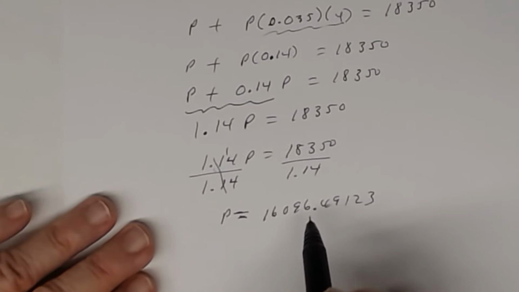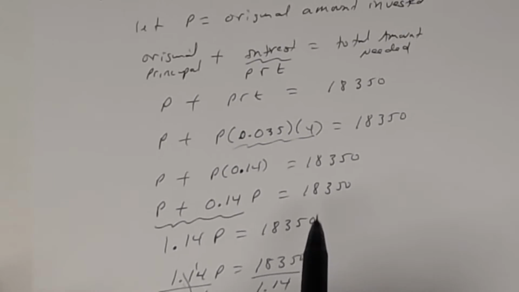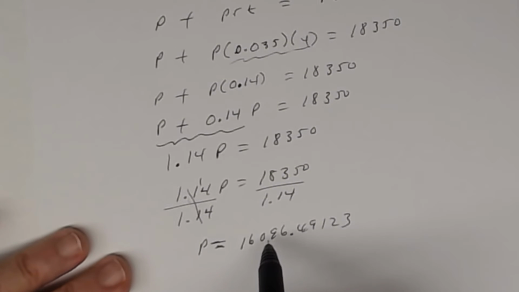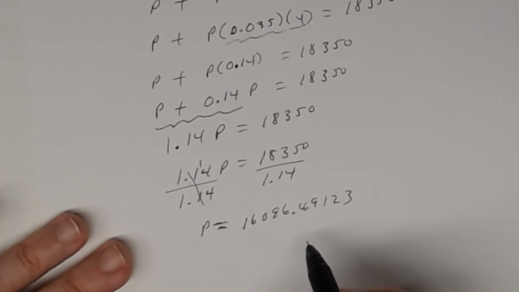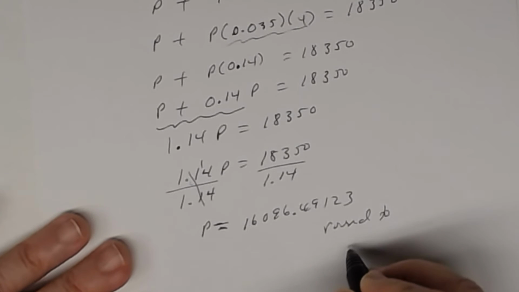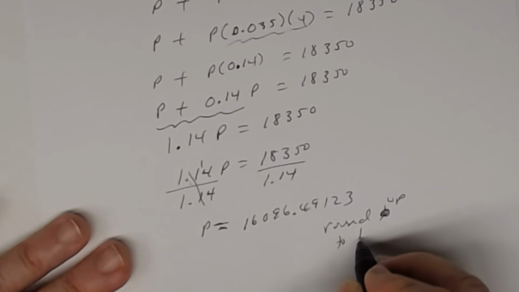But remember, you're investing this money right here. So when you talk about investing money, this is what we tend to do. We tend to round up to the nearest dollar.